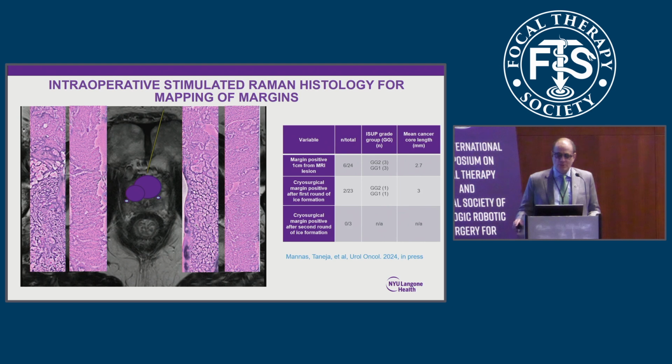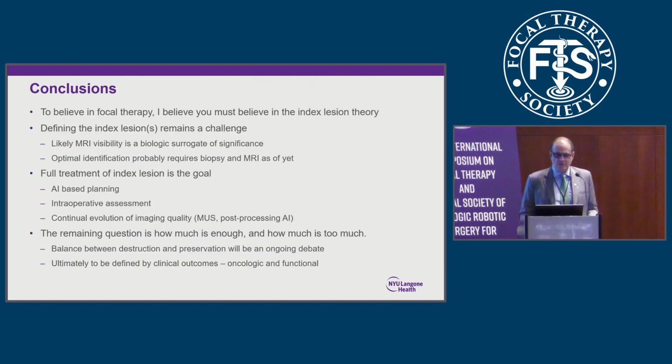Using that approach, in 2 of 23 patients we found cancer along the margin at the first go, and when we expanded the ice, we converted to negative. Obviously, it's subject to sampling error, but it's a novel concept.